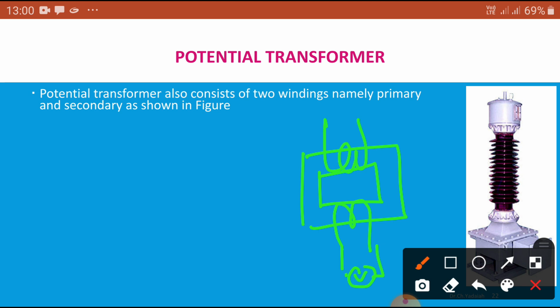It has a primary and a secondary, but it steps down the voltage. For example, 11,000 volts becomes 110 volts only. That is a step down, a simple two-winding transformer placed in an oil tank, similar to the CT.